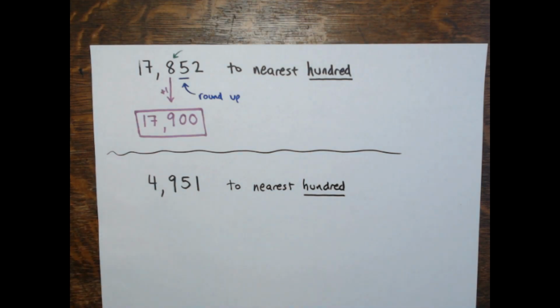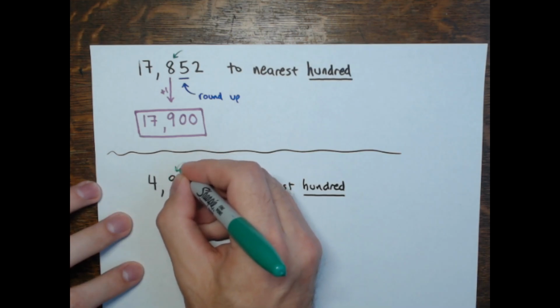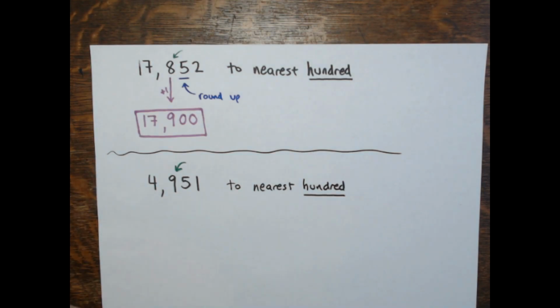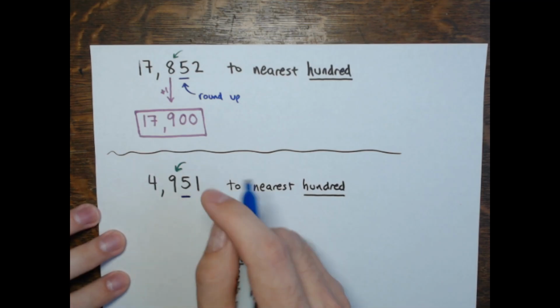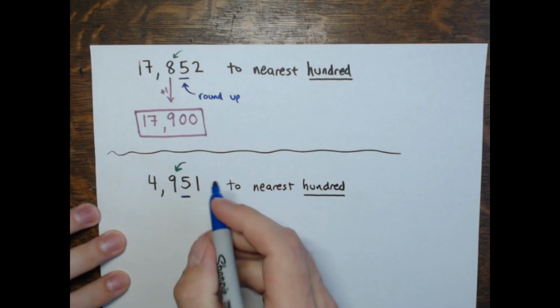All right, so once again, I'm pointing out the digit in the hundreds place, which is this 9 here. That's in the hundreds place. I underline the digit in the place directly to the right of it. And this again is 5 or greater.